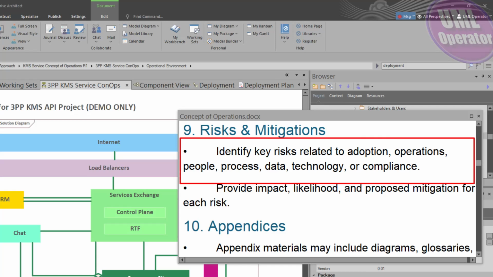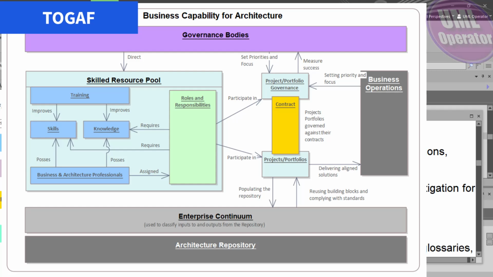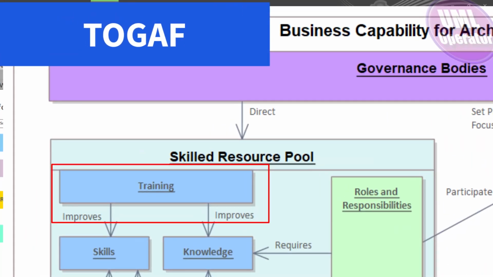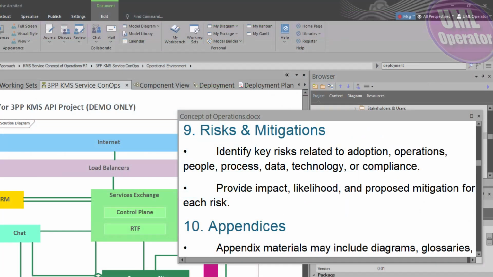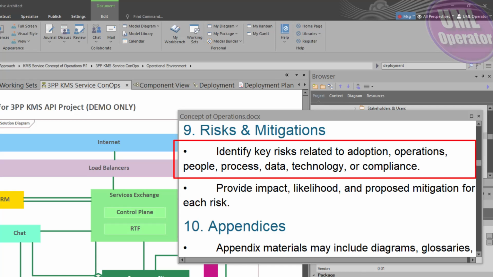And this section identifies those key risks related to adoption, operations, people. And when we're talking about people, training is a valuable risk that you need to look at when you're launching a new product or technology. We're going to be talking about in this section the risks related to process, data, especially data in this day and age around privacy and regulatory concerns, the technologies that are implemented, as well as any compliance to those regulatory concerns or other laws that are impacting the delivery of the project.